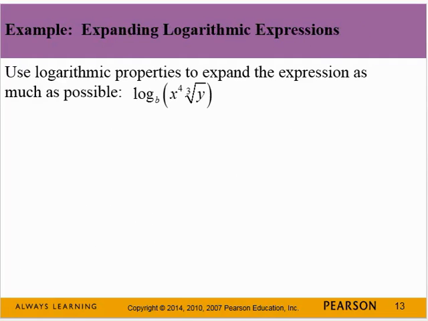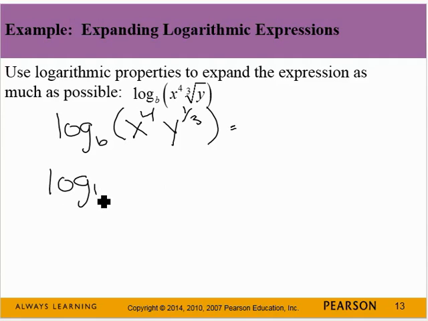So let's expand this problem. That means you are going to take log b, x to the fourth, and we're going to rewrite this as x per y to the 1/3. So now you can take this, and it's going to be log b x to the fourth plus log b y to the 1/3.